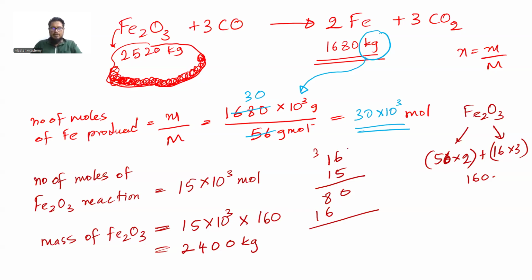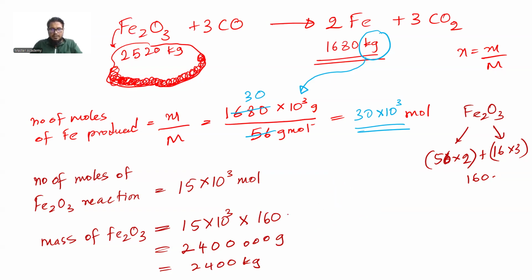Yes, sir. That's a maths part, you all know. There might be some students who don't know that. We get the answer as this many grams. When we convert to kilograms, 2,400 kilograms. That is the mass of Fe2O3. Now we got the answer for that question.